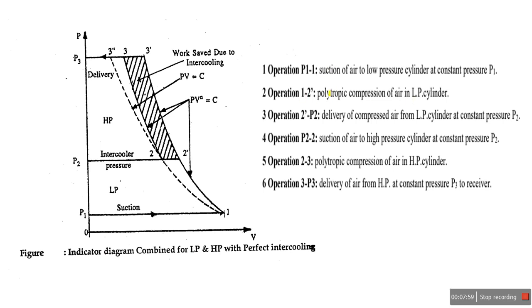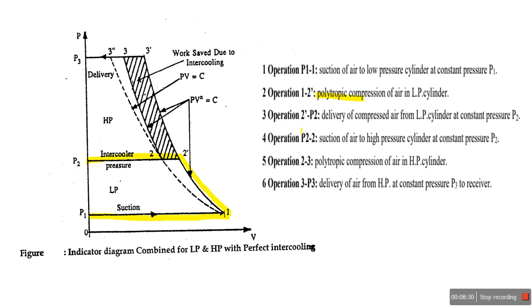I told you that we try to achieve polytropic compression near to isothermal, lying between isentropic and isothermal. 1 to 2 dash is the polytropic compression in the low pressure cylinder.